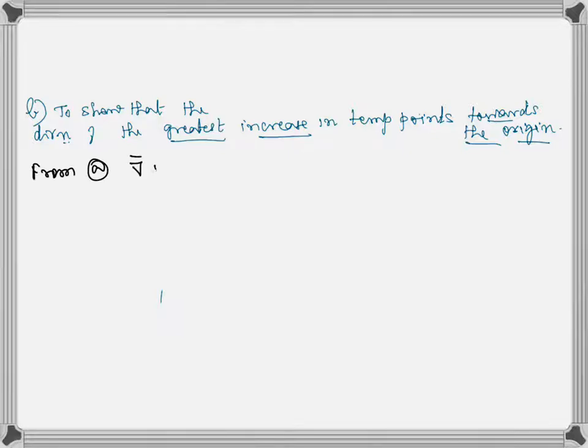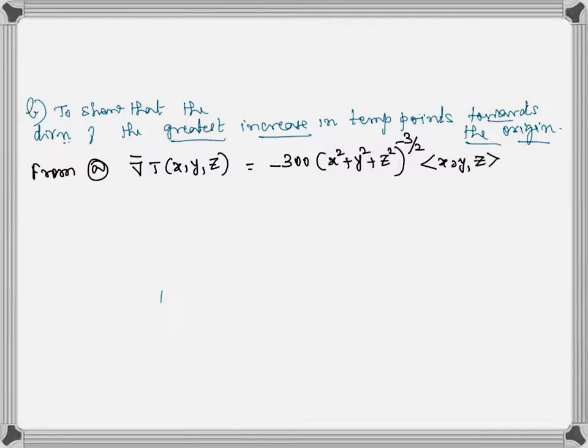So from part A, del t, which is the nabla t or the gradient vector t at x, y, z, is negative 300 times x square plus y square plus z square to the power negative 3 halves times the vector x, y, z in the component form. So what is the concept that we are using here?